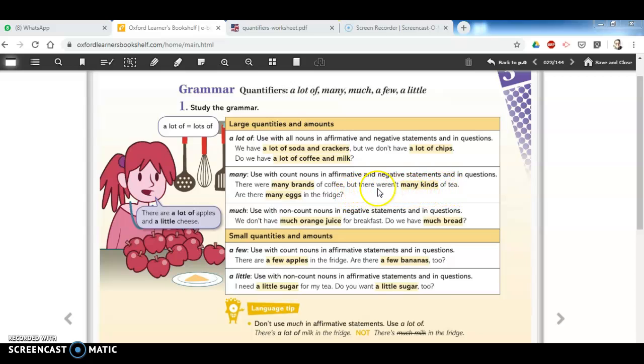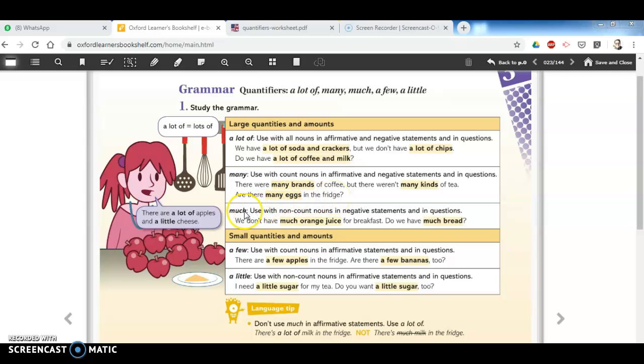Pero no habían muchas clases o tipos de café. The other example says, are there many eggs in the fridge? When I see the verb to be first, and the question mark, I know it's a question. Hay muchos huevos en la refri.